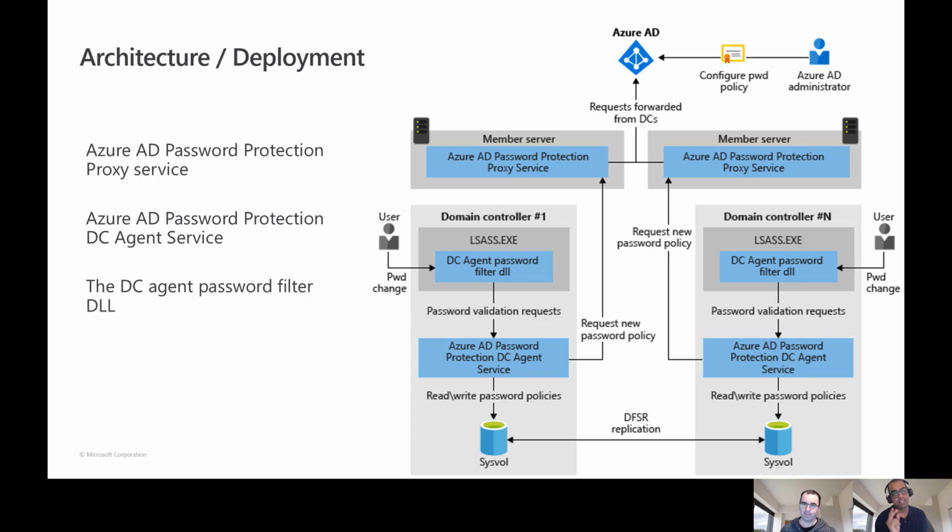The second is the Azure AD Password Protection DC Agent Service, which is installed on the domain controller. And then you have your password filter DLLs, which are also on the domain controllers. There is another extremely important component, which you see at the bottom, which is sysvol. I'm going to talk about this in a minute.